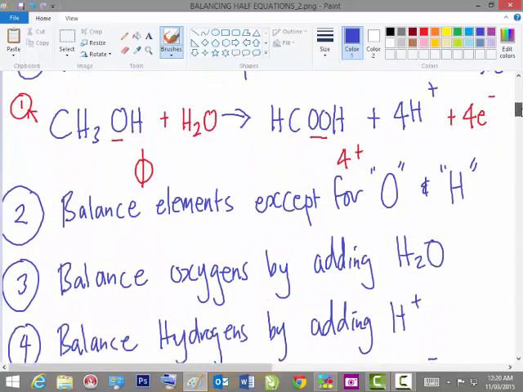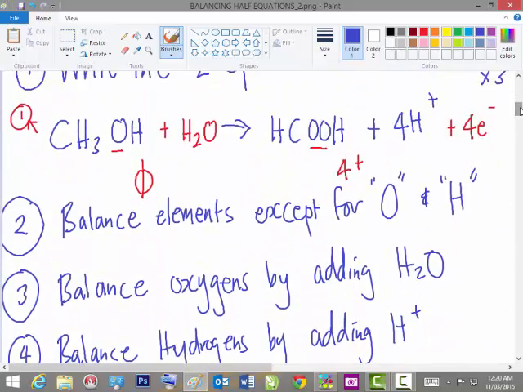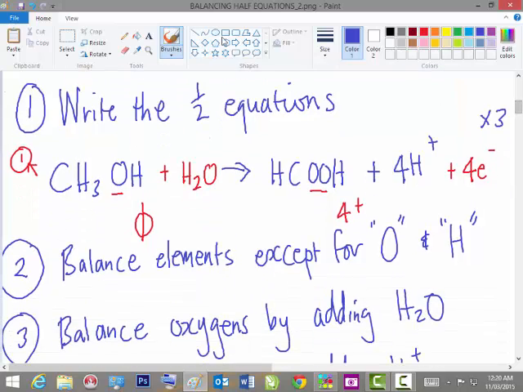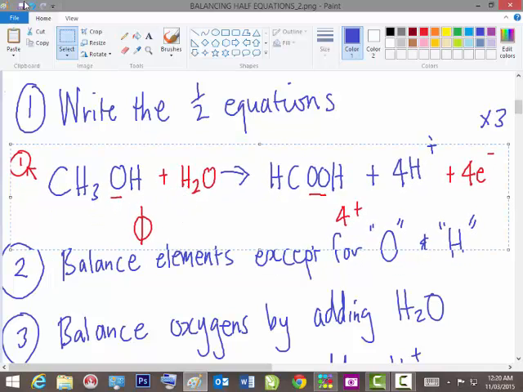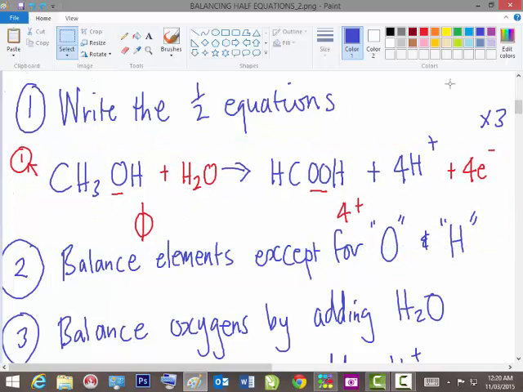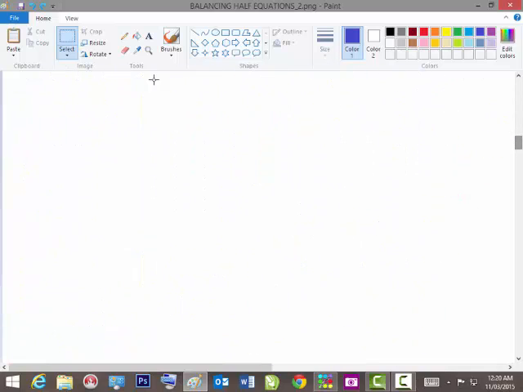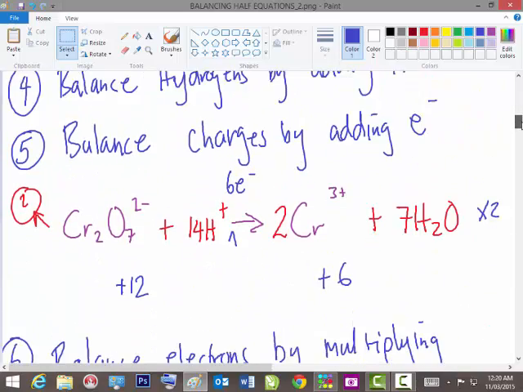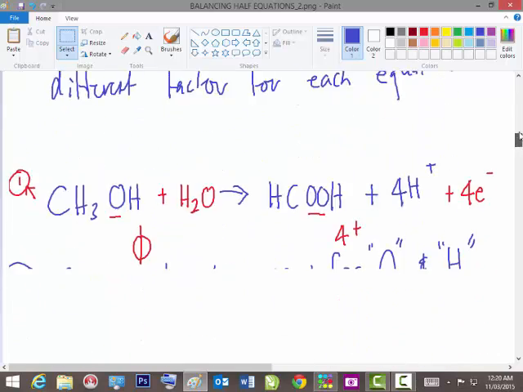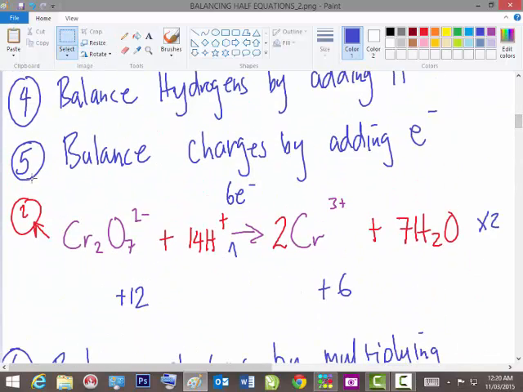So we'll do that. So I can see what I'm doing, I'm going to copy that down. First equation, and so that's the second one.